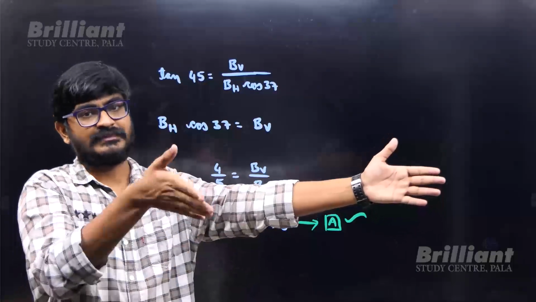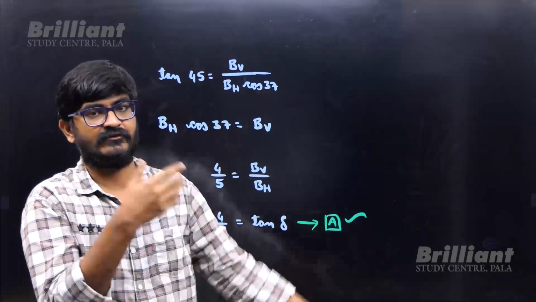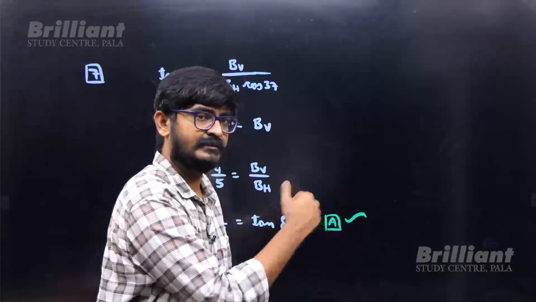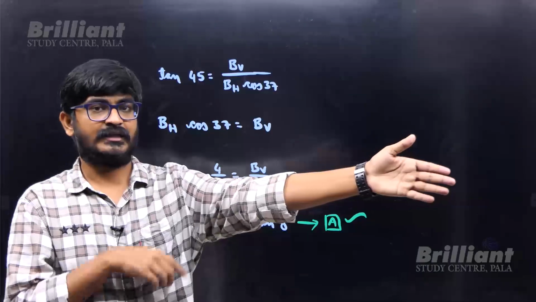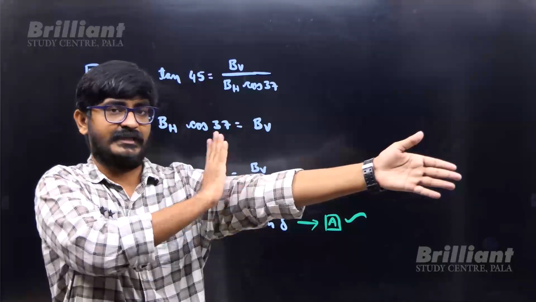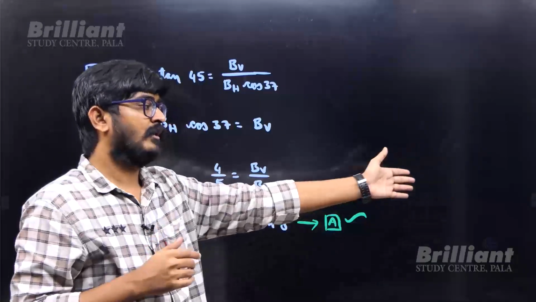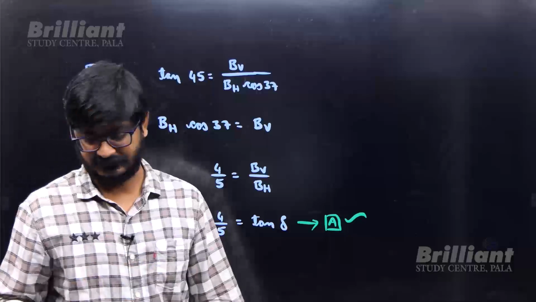So if you take some compass needle which can rotate in the vertical direction, it will be pointing along the effective magnetic field. But if you take some compass needle in the horizontal plane, it will be pointing along the direction of the horizontal magnetic field. So this is horizontal, this is vertical, but you are not placing the magnetic needle in this plane, you are placing it in the other plane. So the horizontal component will be playing the role, vertical will be remaining the same.